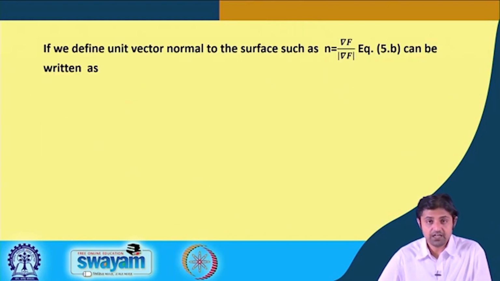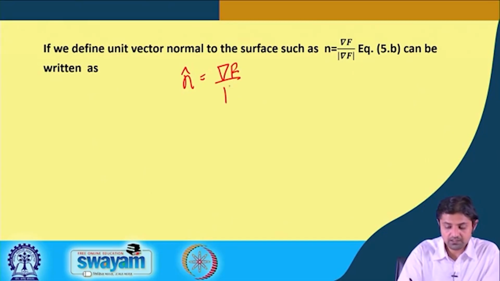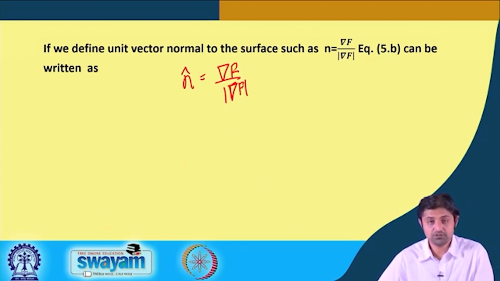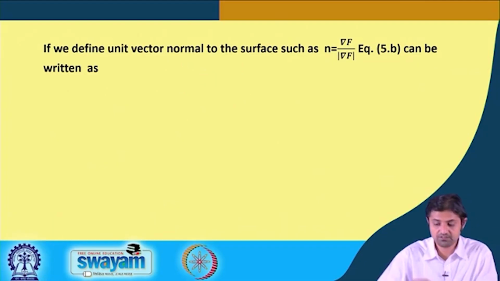Now, if we define a unit vector normal to the surface, so a unit vector normal to the surface can be written as n equal to del f divided by mod of del f, if you recall your mathematics class.